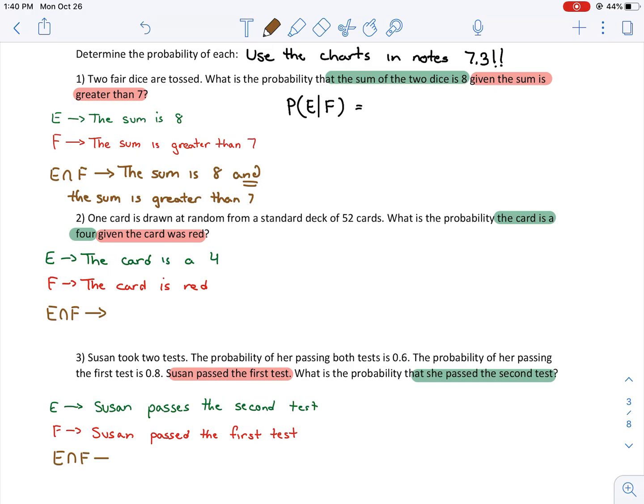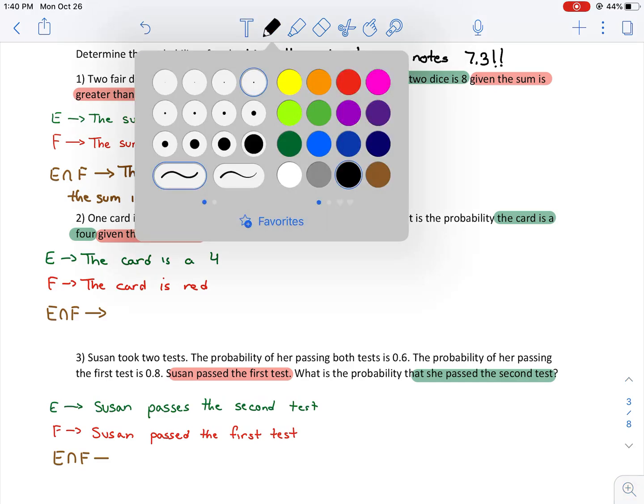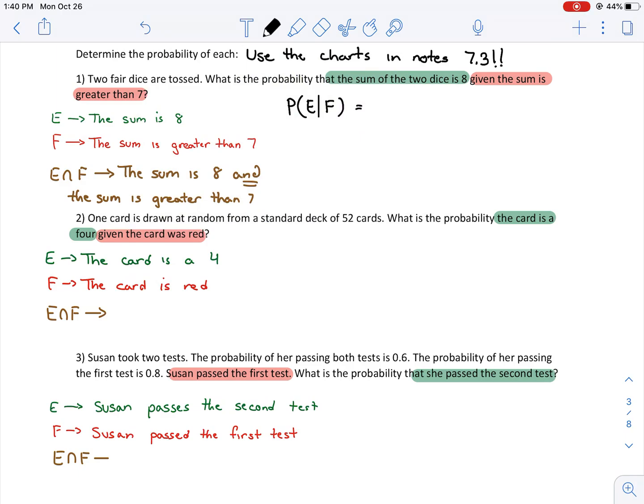And since the chart provides raw numbers, we can find the probability of E given F as the following. It's the number of elements in E and F divided by the number of elements in F.